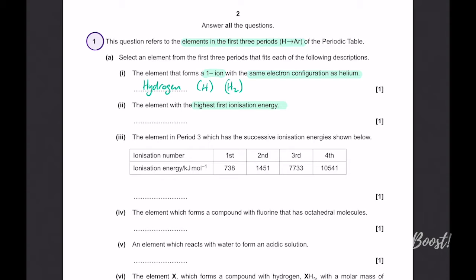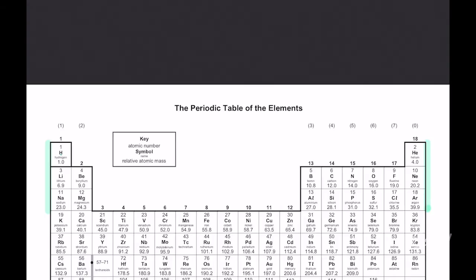In this case, hopefully you may remember that if we look at the trends in first ionization energy for all the elements from H to Ar, it starts relatively high, H and then He, and then it jumps down because as you go down a period, we've got more shells, more shielding, and larger atomic radius. So the electron is further away from the nucleus.